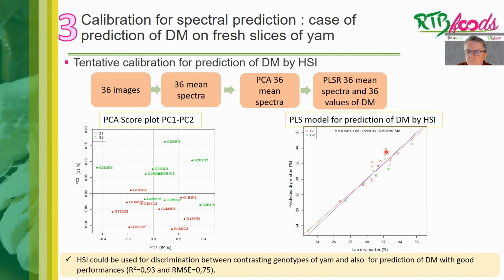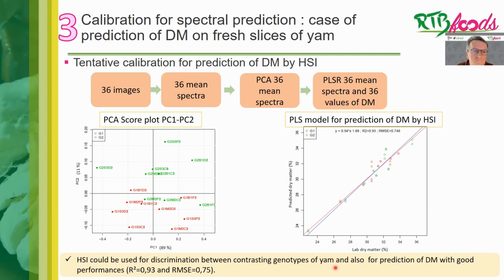As you can see here, we have a good performance of the prediction of dry matter, with a coefficient of determination of 0.93 and an error of prediction of 0.74, okay, 0.75.